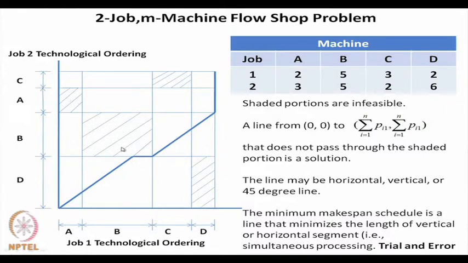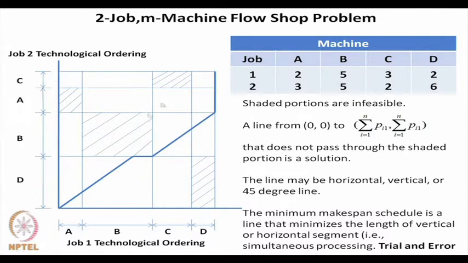So, we have shaded these zones as infeasible, and we should proceed from the 0 0 point. On this axis what is the time? Total time 3 plus 5, 8, plus 2, 10, plus 6, 16 hours. So, we should travel from this point to this point in the minimum time.